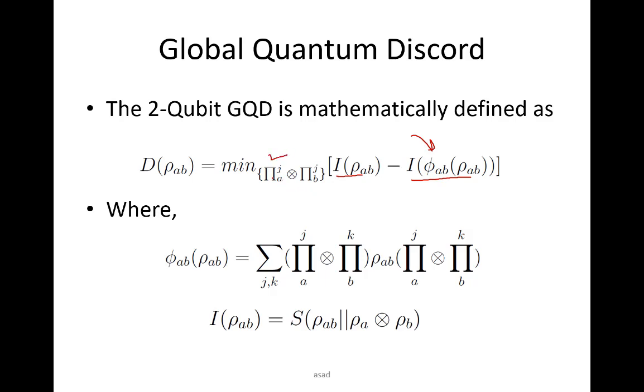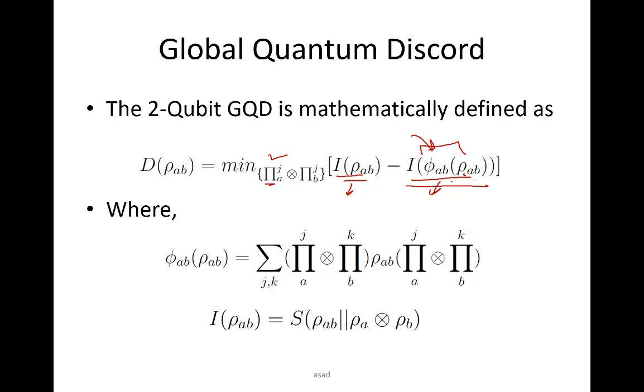Pi A j is for the first party, the quantum measurement applied on the rho A of rho AB, and Pi j B is applied simultaneously on rho B of rho AB. Then you will get the quantum mutual information after projective measurements on both parties, and then you have to subtract it from the quantum mutual information without the projective, von Neumann, measurement.